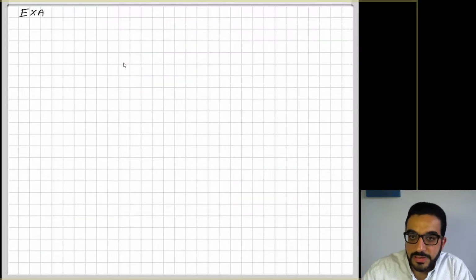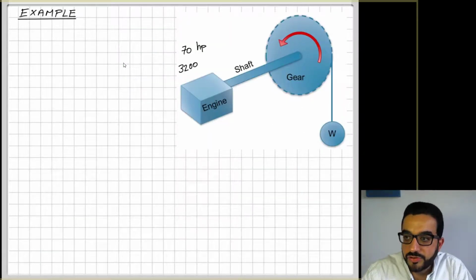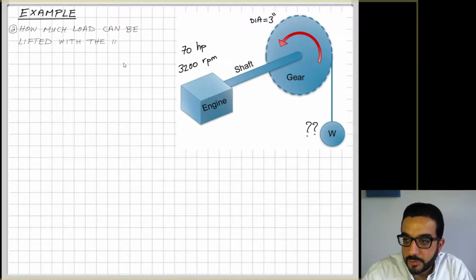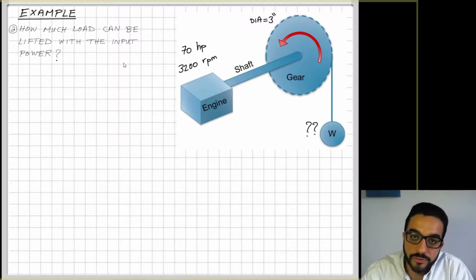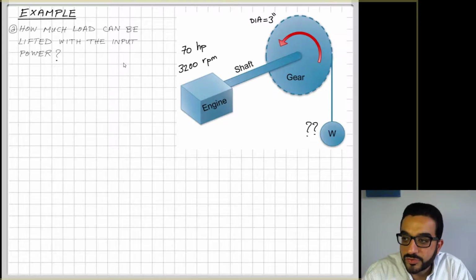So let's see an example to illustrate the two concepts that we covered so far, power transmission and designing of shafts. We have here an engine, a 70 horsepower engine with 3200 rounds per minute frequency.